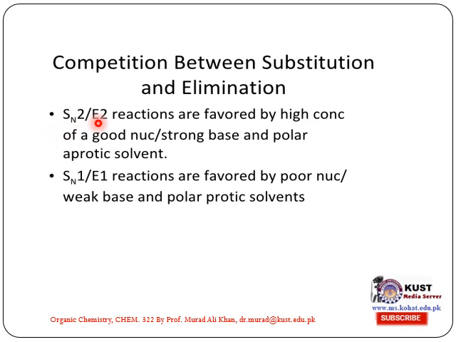The SN2 or E2 reactions are favored by a high concentration of a good nucleophile or strong base and polar aprotic solvents, while the SN1 and E1 reactions are favored by a poor nucleophile or weaker base and polar protic solvents.